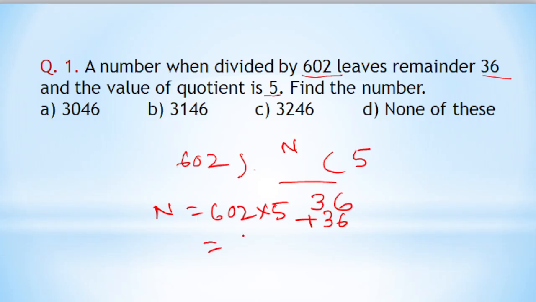So that is equal to 3010 plus 36, that is equal to 3046. So option A is the right answer.